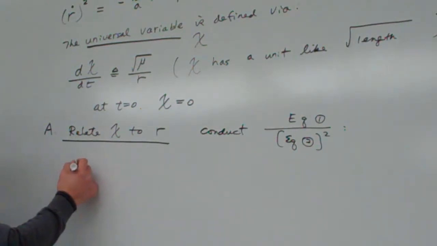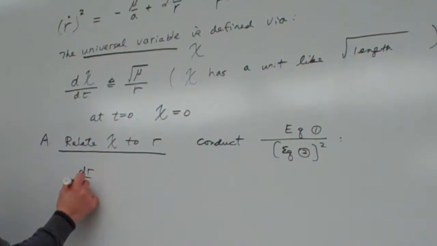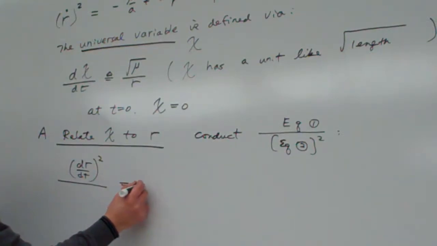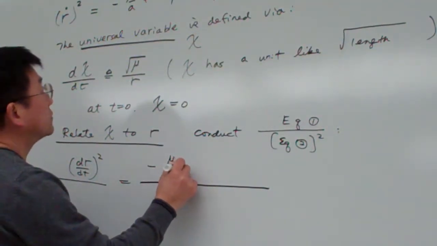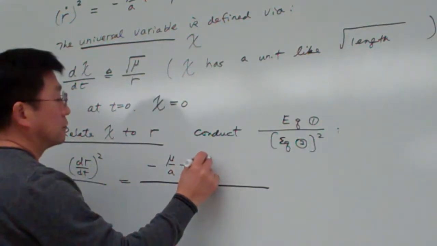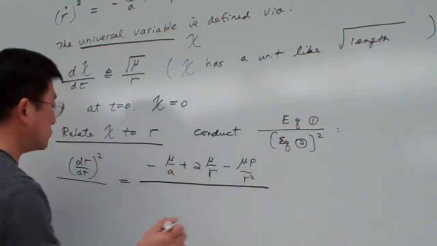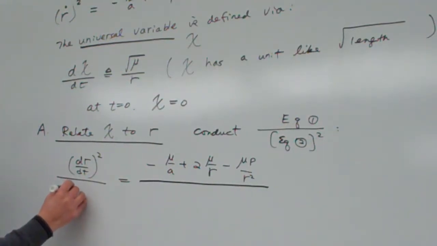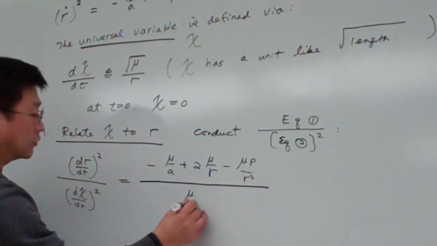So therefore here we have dr dt squared from equation 1, and that one equal to minus, I simply copy the information, and over the square of this one, so that is d Kc dt squared, and that one simply equal to mu over r squared.